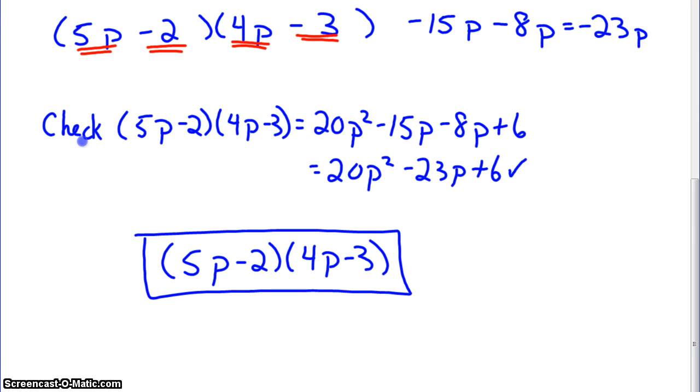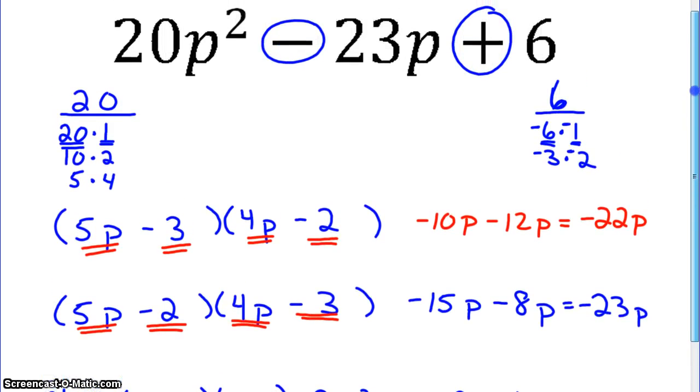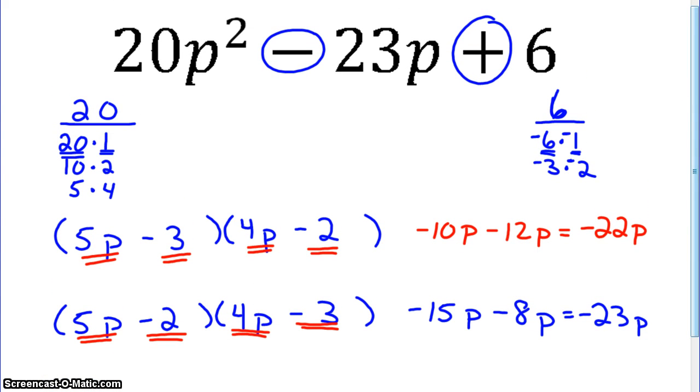Now, I was lucky enough to get this on the first try, or the second try, actually. Many times you have to go back to your list, and if you tried the 5 and 4 combination and neither of those worked, I would then move up to the negative 6 and negative 1.